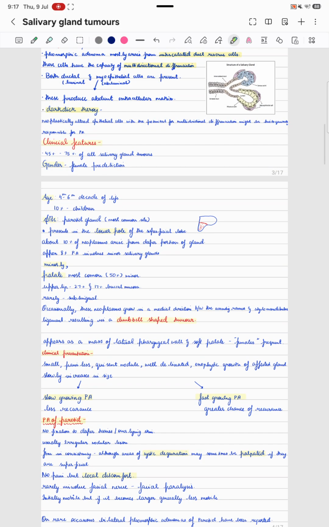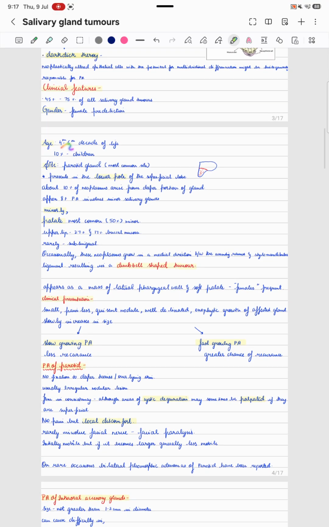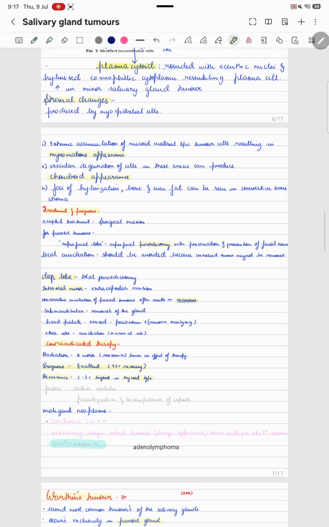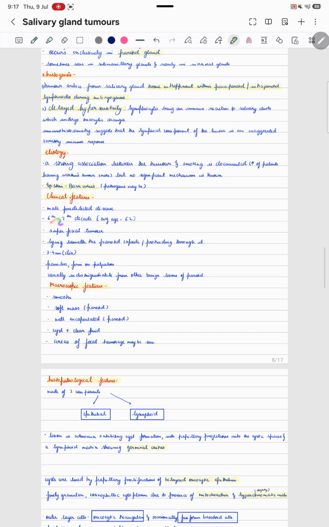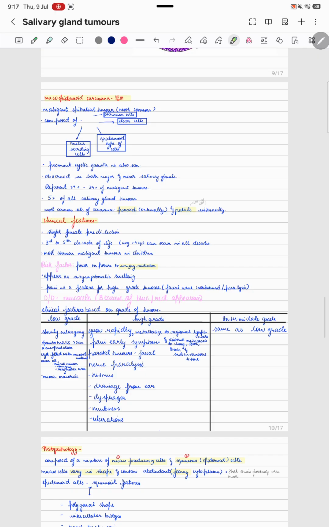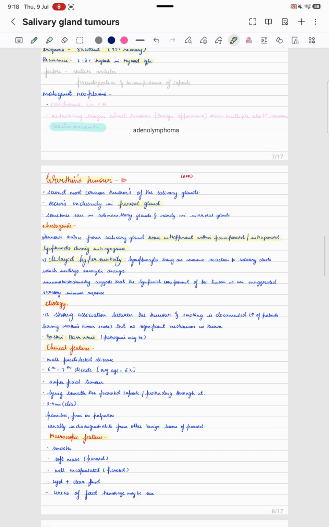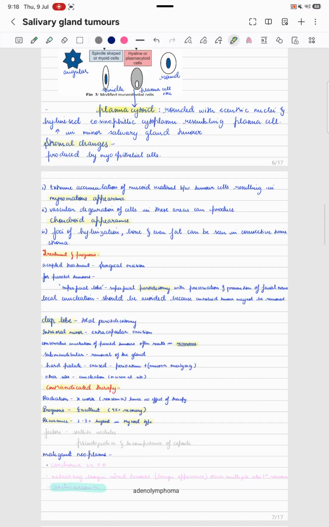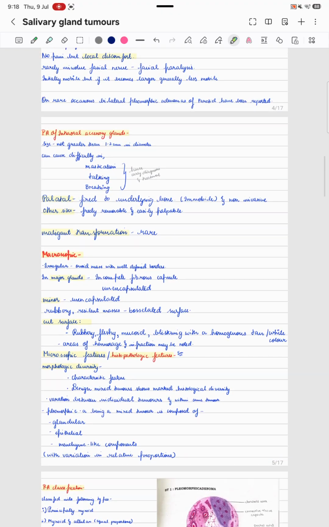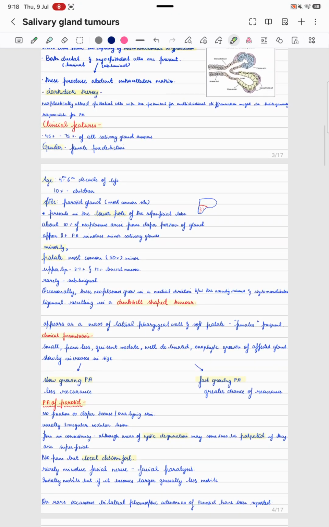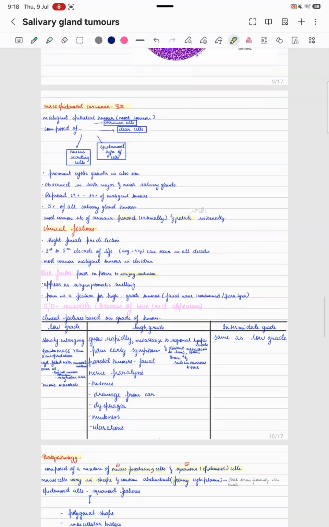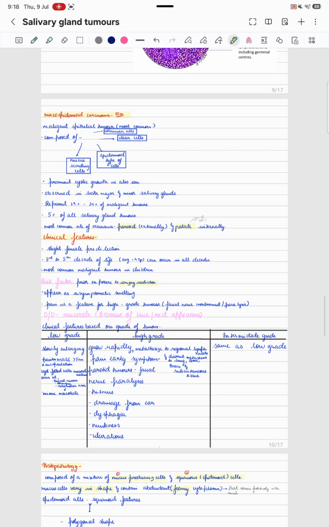Warthin's occurs in 60 to 70, and PA in 40 to 60, almost a similar age group. Mucoepidermoid occurs in a younger, middle age group, 30 to 50, which is a bit prior to the 40s.